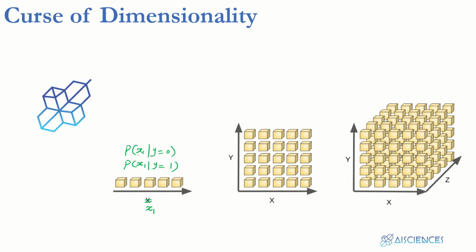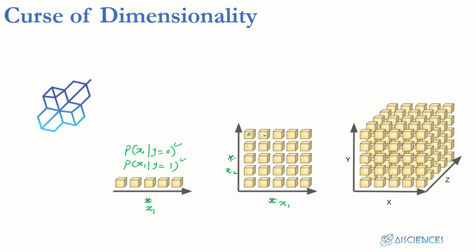What happens is if you have only one feature, then you do not need a lot of data points to estimate the probability distributions reliably. A few data points, maybe on the order of hundreds or thousands, or smaller or larger depending upon the complexity of the problem, can work very well. But if your number of features is getting larger, then the space in which you are going to estimate this probability distribution function becomes larger and larger.